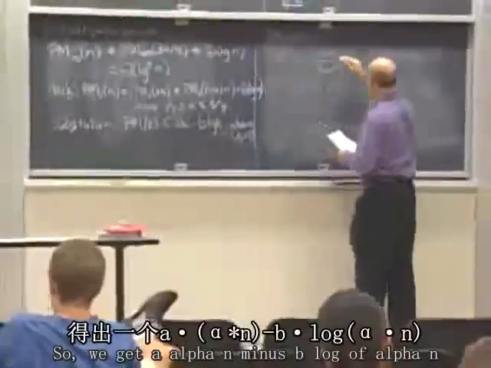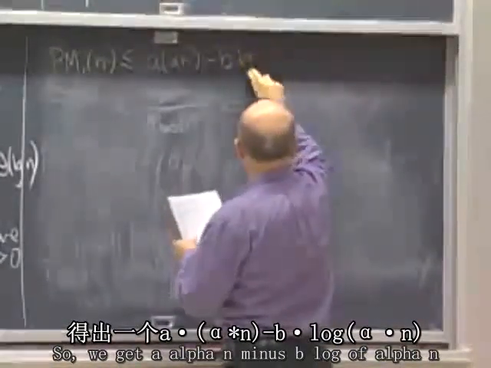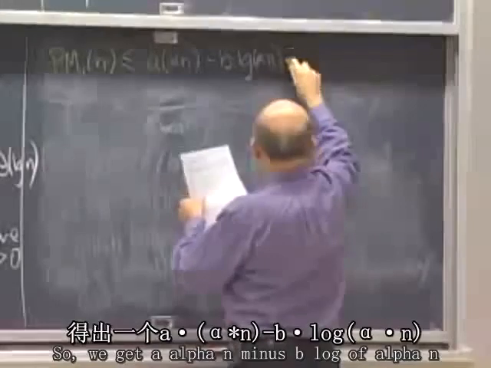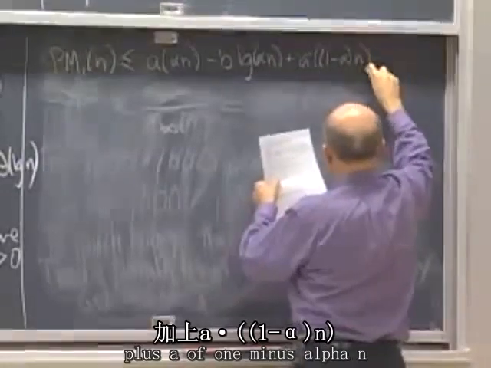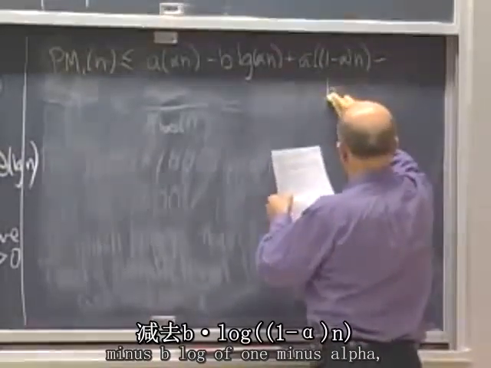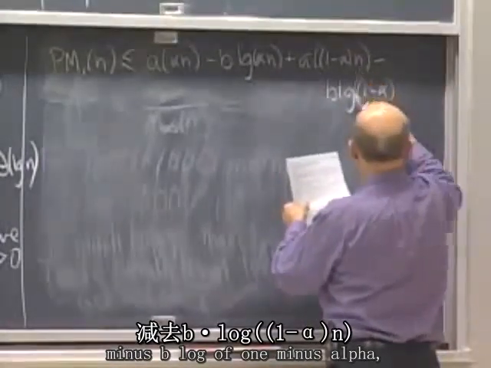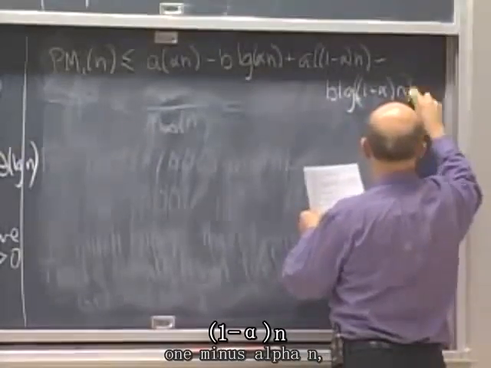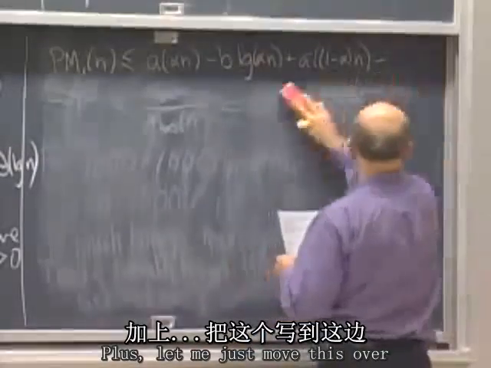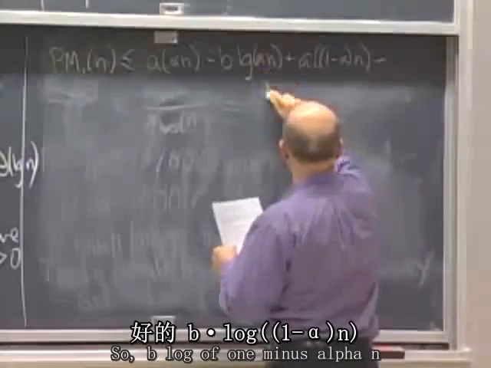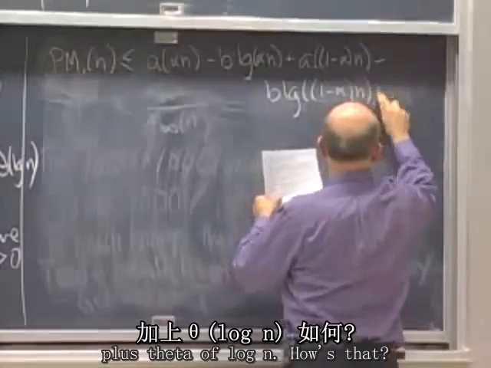So we get a alpha n minus b log of alpha n plus a of 1 minus alpha n minus b log of 1 minus alpha n, plus theta of log n.